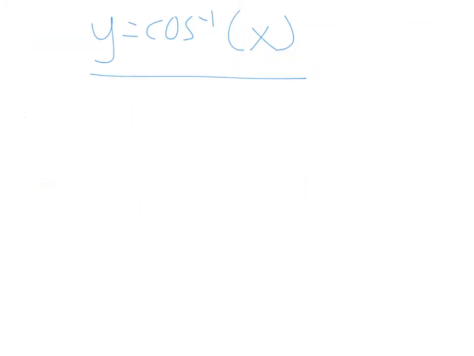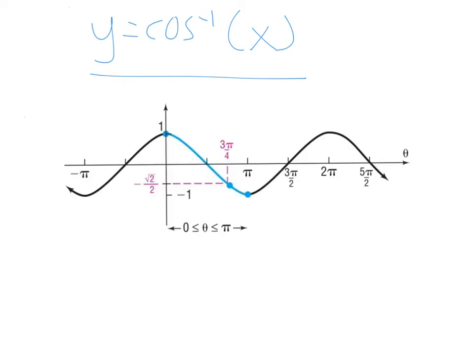So now, y equals cosine inverse of x. Alright, this is the graph for the original cosine function. Now, you notice if you do a horizontal line test, the cosine function would fail the horizontal line test at multiple points.